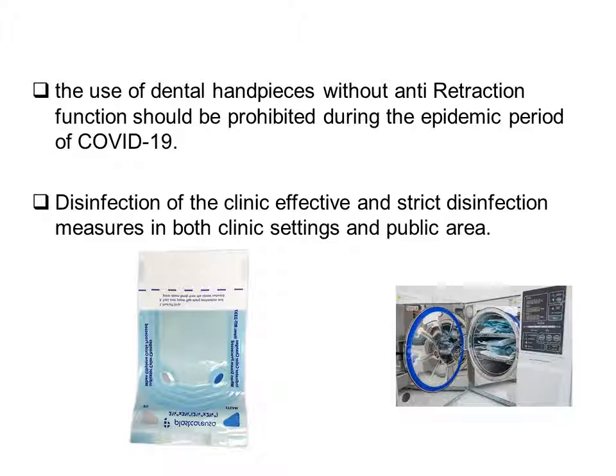This is a normal action and reaction. So to prevent that, each handpiece should have a valve, we call it an anti-retraction valve. This is important to protect your patient from contamination.